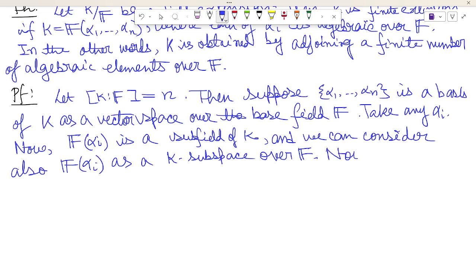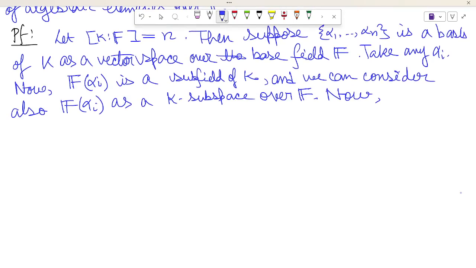Now, this thing will divide [K:F] by the consequence of Tower law. This will divide [K:F] for sure.